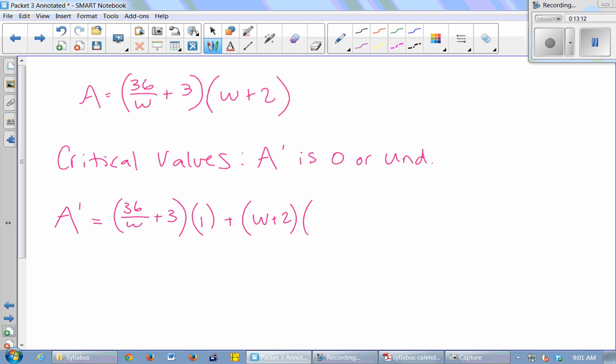Yeah, so you would rewrite 36 over W. You could think of that as 36W to the negative 1, and then you can apply the power rule. So you'd get negative 36W to the negative 2. And that ends up being negative 36 over W squared.